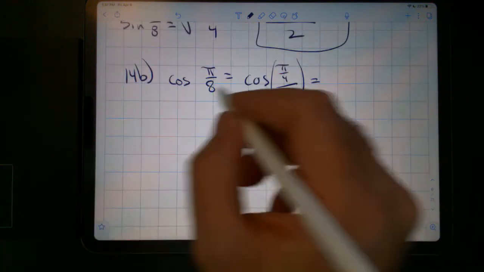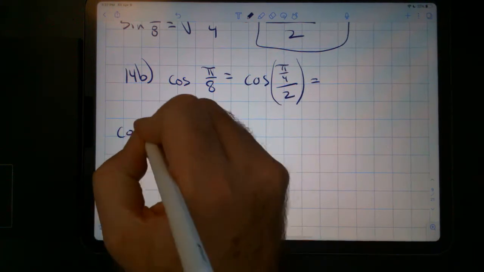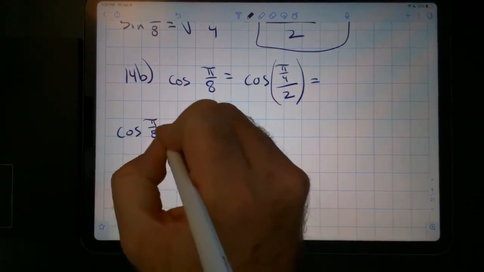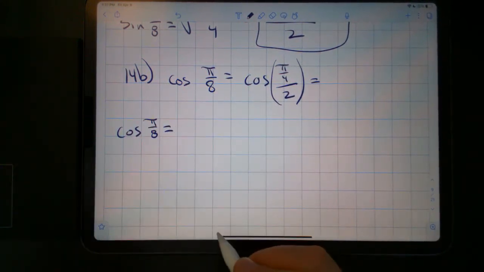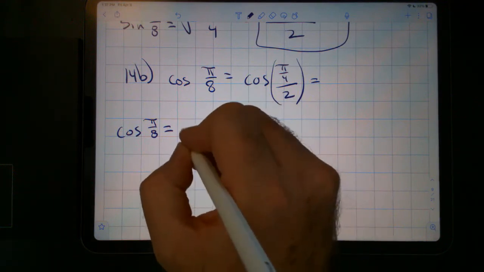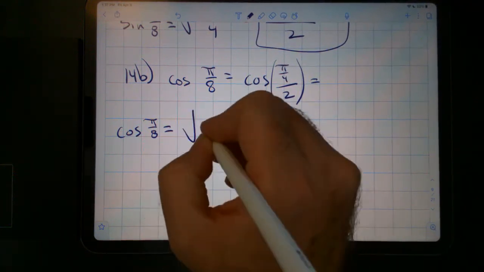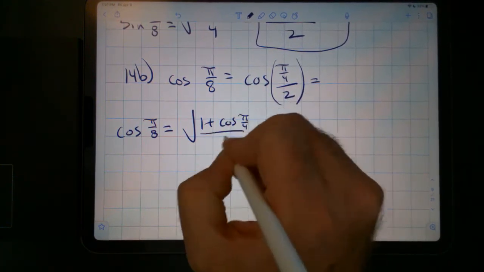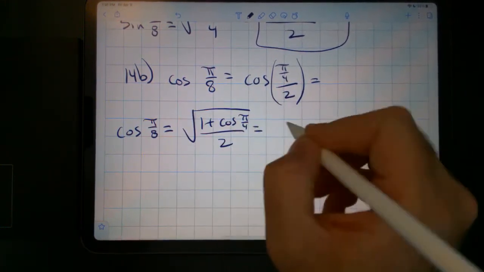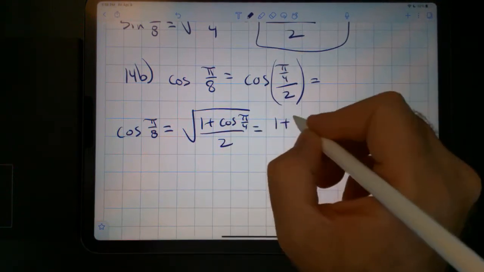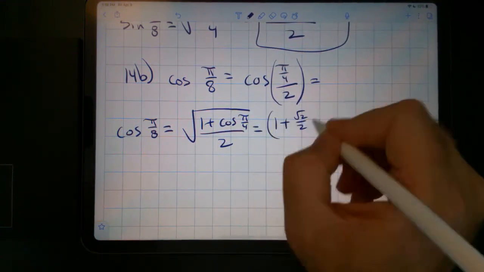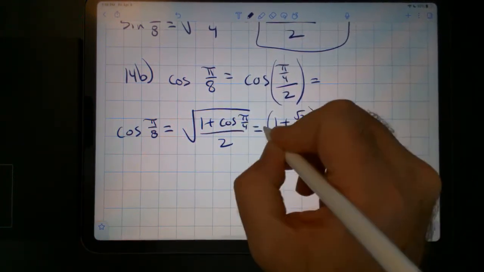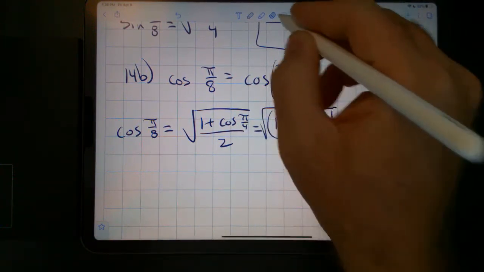So this will be, since we're in quadrant 1, we will use the positive component. We have 1 plus cosine of pi over 4 divided by 2. So cosine of pi over 4 is radical 2 over 2, and all of this is times 1/2, and it's a square root.